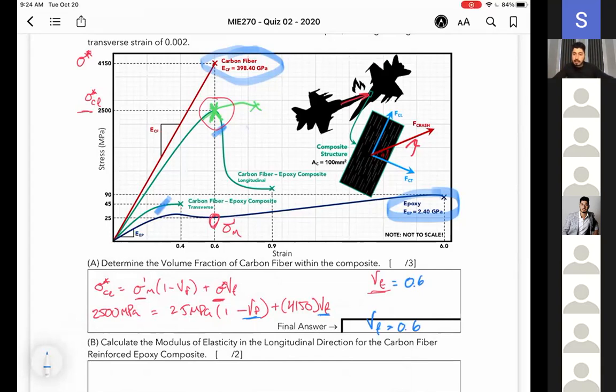Yes, everybody understands? 4,150 is the stress at which the fibers fracture. No, it's the ultimate tensile strength, or the greatest strength of the fibers. In this case, and most likely always, it'll be the point of failure.